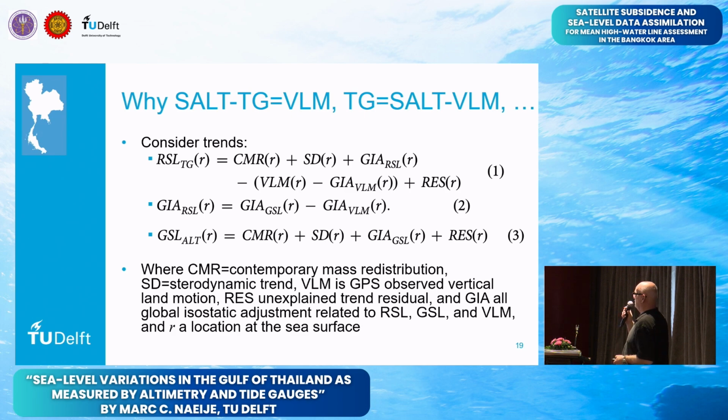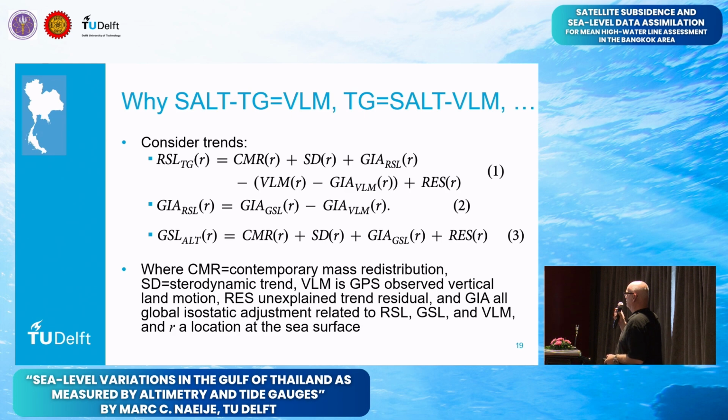Then there's GIA, which is a combination of a global sea level GIA and a vertical land motion GIA. And then of course we have some residue, something that we maybe don't understand or don't know what processes are going on at this location.